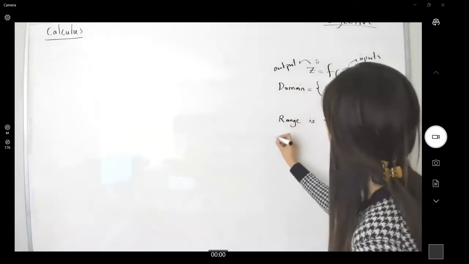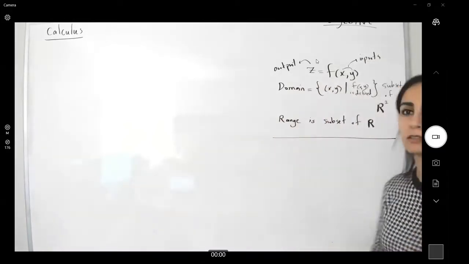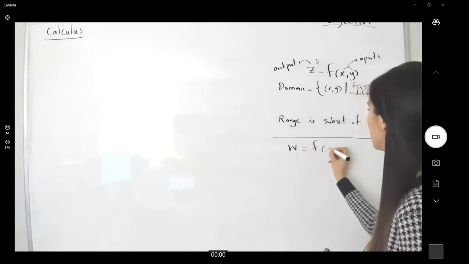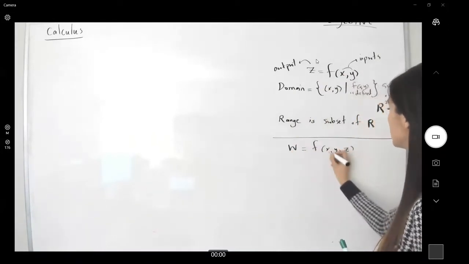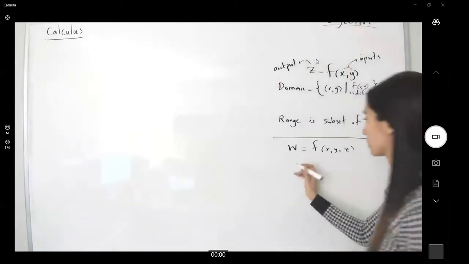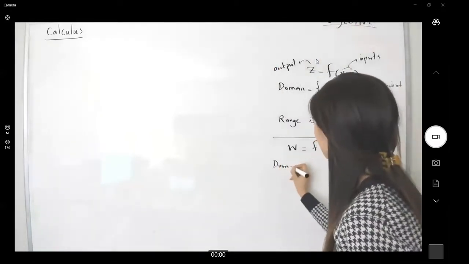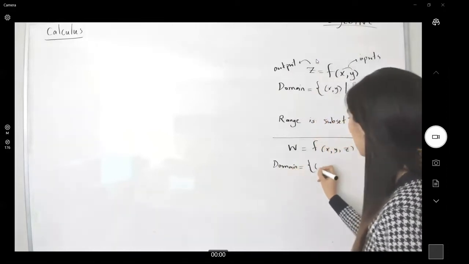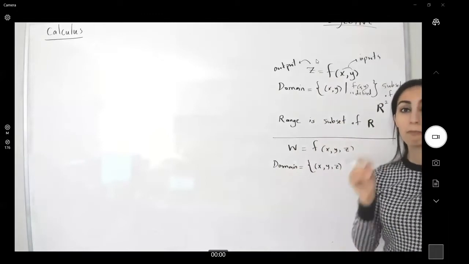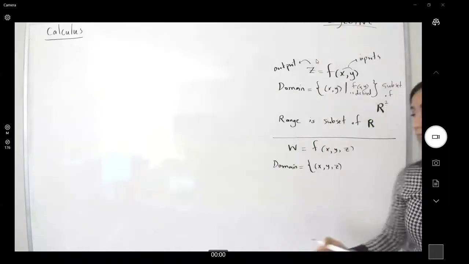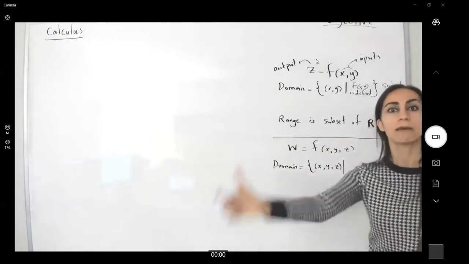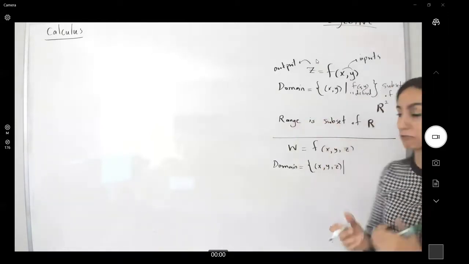If you have a function in 3 free variables, like w equals f of x, y, and z, then the domain is part of the space. The domain is the set of all x, y, and z values, points in the space, such that the definition of the function, the mechanical part of the function, is defined.